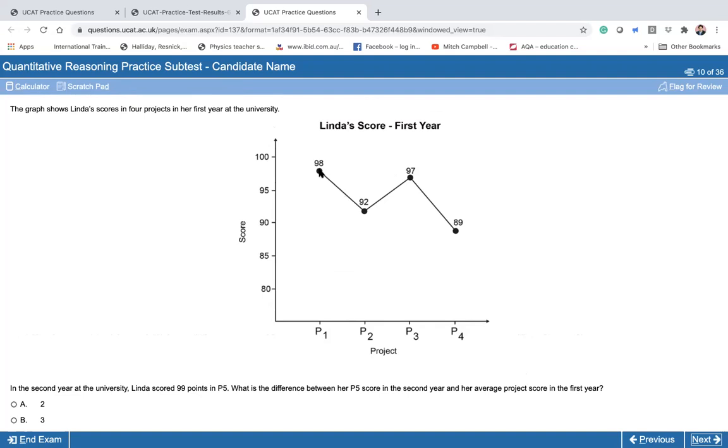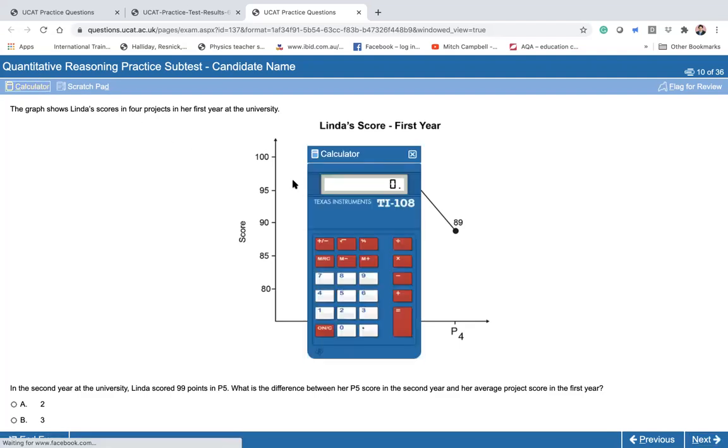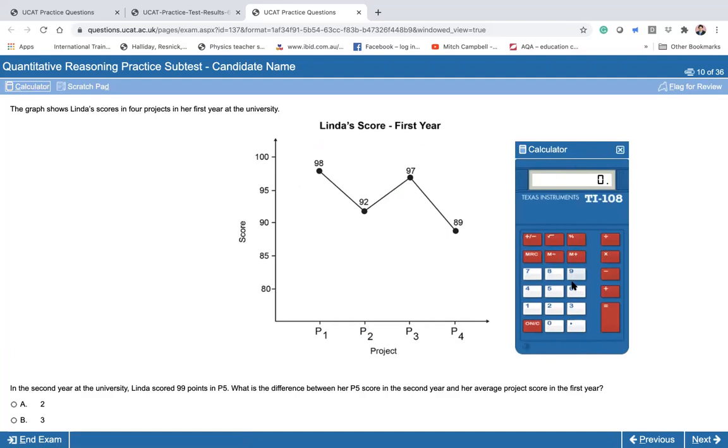To calculate the average, we just add all of these: 98 plus 92 plus 97 plus 89. These are 4 numbers, so we divide by 4. Using the calculator, 98 plus 92 plus 97 plus 89 gives you 376, divided by 4 because we are trying to find the average.